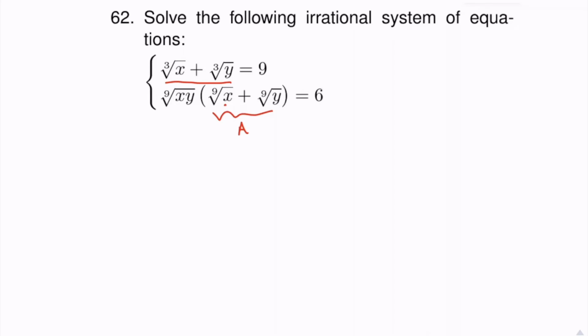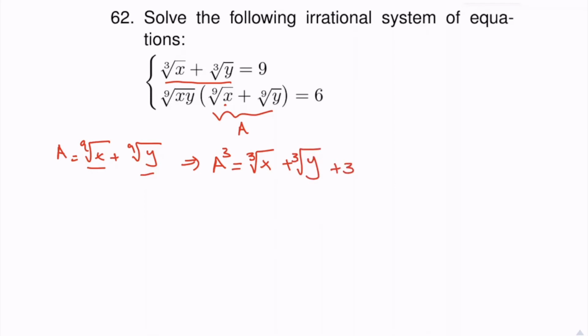So if I say a is the ninth root of x plus the ninth root of y, and then I raise a to the power 3, a cubed will be the third root of x, which is this term to the power 3, plus the third root of y, which is this term to the power of 3, plus 3 times the multiplication of those two terms, which is the ninth root of xy, times the sum of those two terms, which is the ninth root of x plus the ninth root of y.